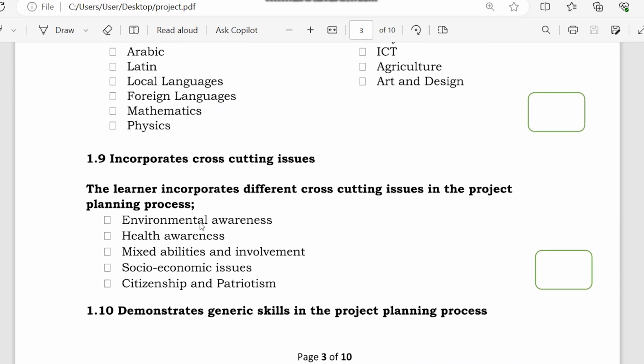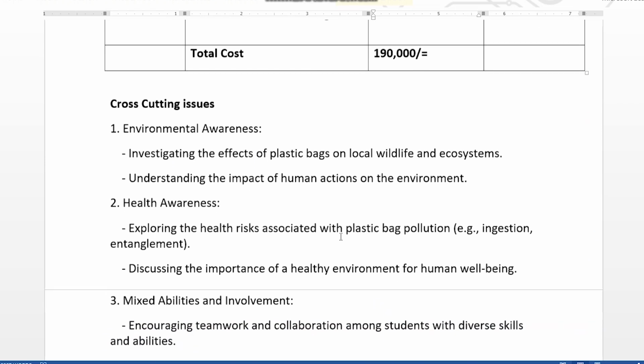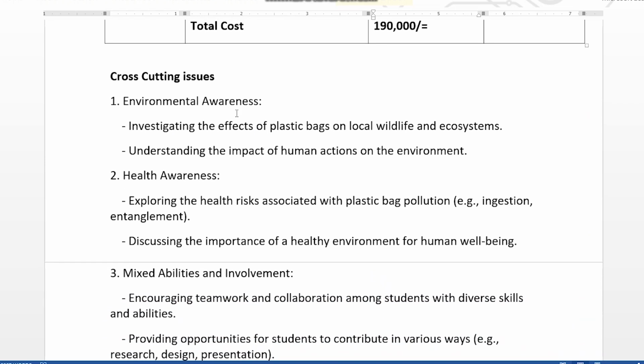And then cross-cutting issues is about environmental awareness, health awareness, mixed abilities. So I have just a sample here. For example, environmental awareness, the learner is investigating the effects of plastic bags on local wildlife. So he's showing that he's aware of what is happening in his environment.